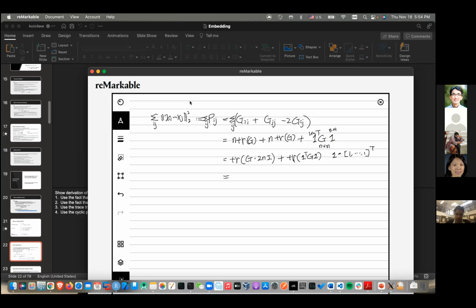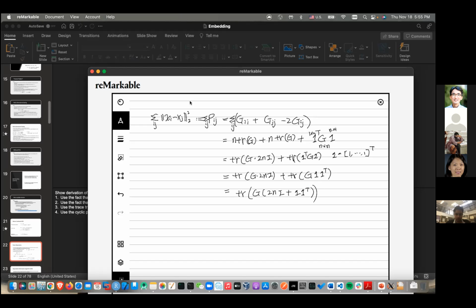We can apply the cyclic property of trace, so the first one we write as this, and the second one we can put the G in front. And we can combine these two using 2nI plus I 1 transpose, right?